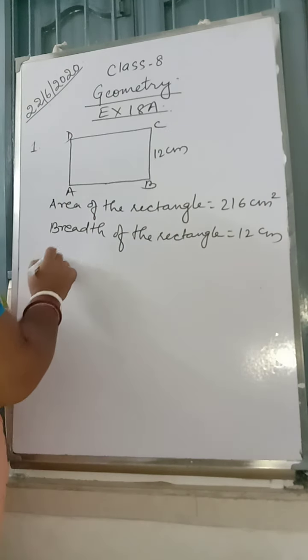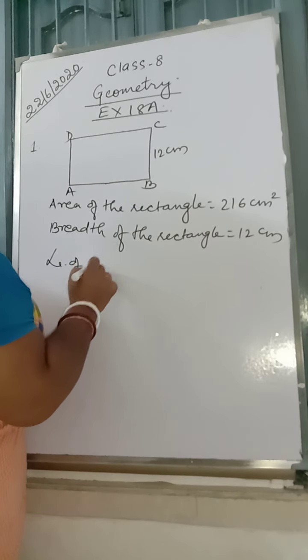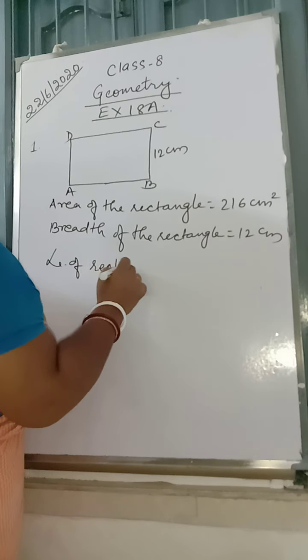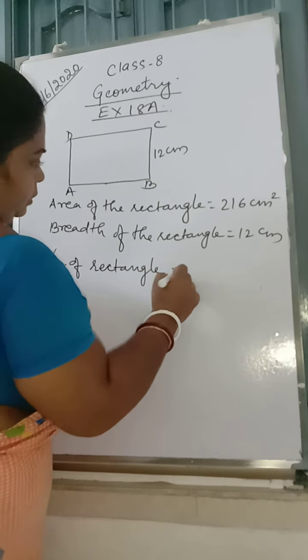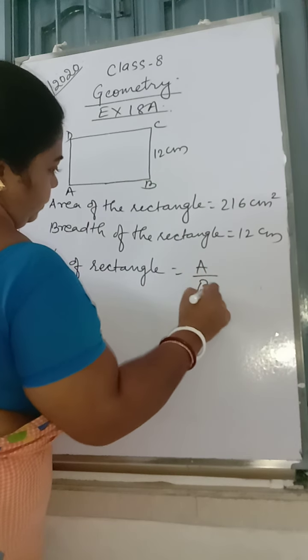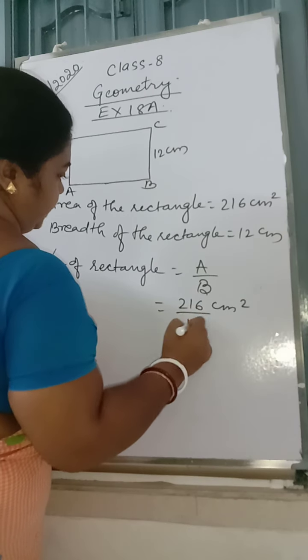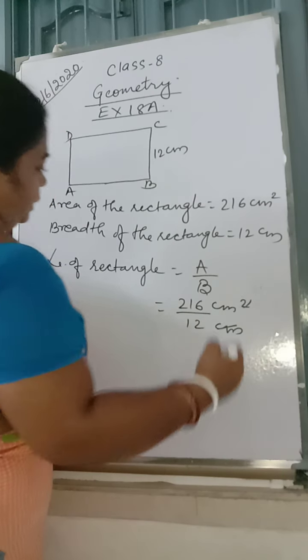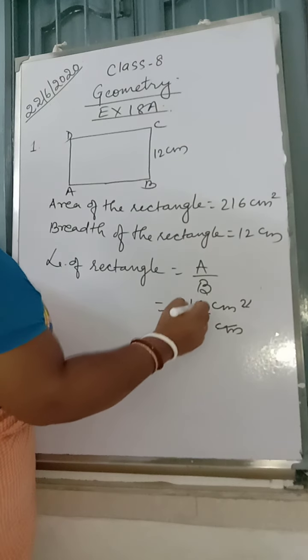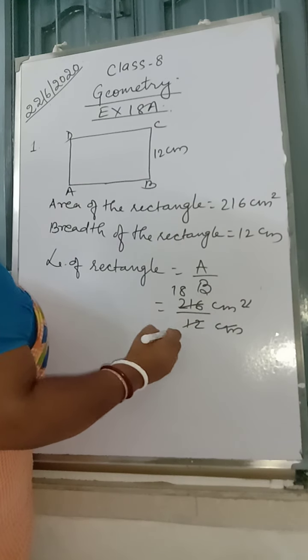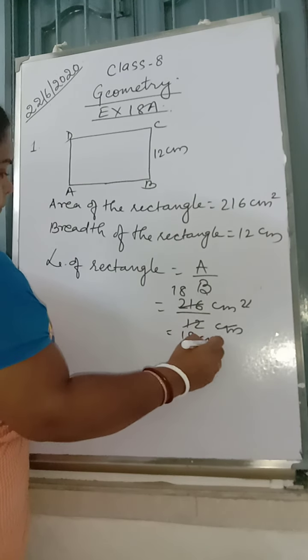As we know, length of the rectangle, we have learned the formula, is area divided by breadth. So 216 centimeters square by 12 centimeter. With this, square has cancelled. 18 centimeter is the length.